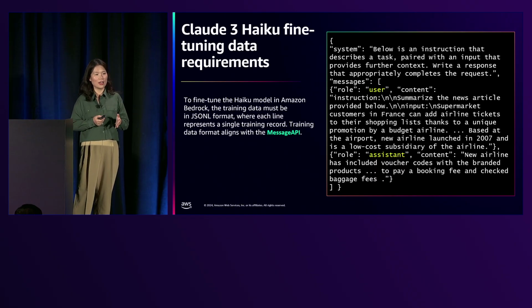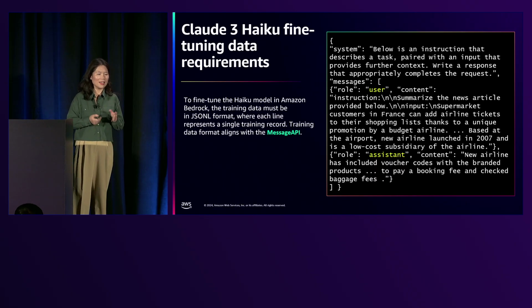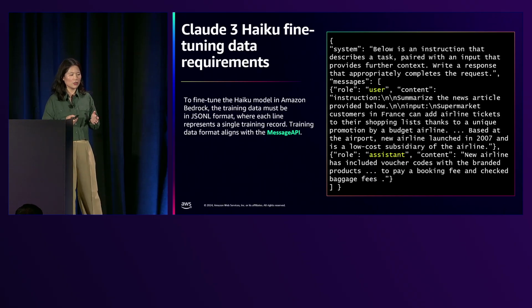And then you need to have a required field called the messages field. And inside this field, you need to have two roles. One is the user role. The user role contains your prompt input, your desired input later when you interact with the fine-tuned model. And you will also have an assistant role. The assistant role is the desired output from the fine-tuned model.